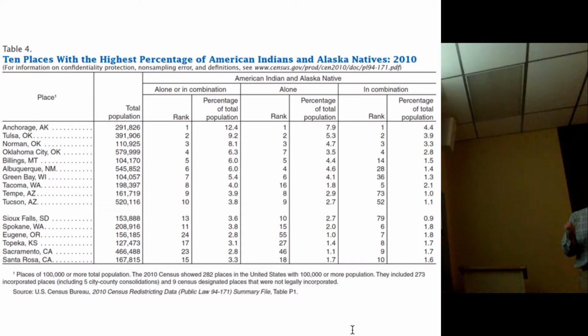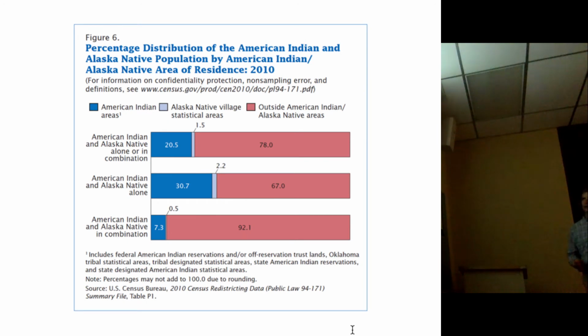A few other larger cities around the country stand out in Washington, Wisconsin, Arizona, Sioux Falls, South Dakota. And the distribution of American Indians by status. So we have in those areas, this is the question about reservations, basically, right?